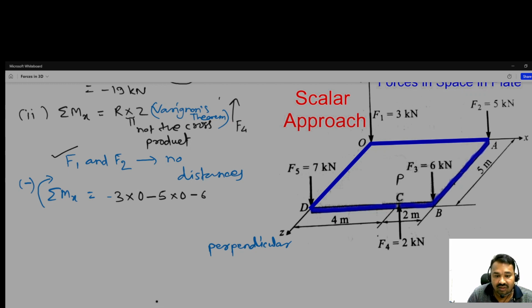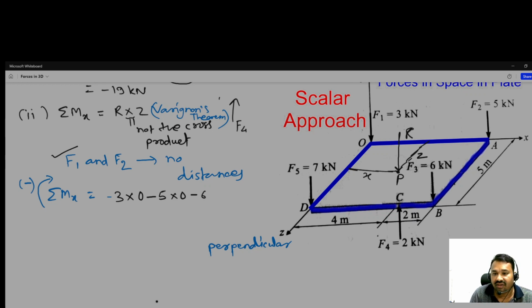This vertical line is the resultant, and from P it is parallel to the x-axis and parallel to the z-axis.